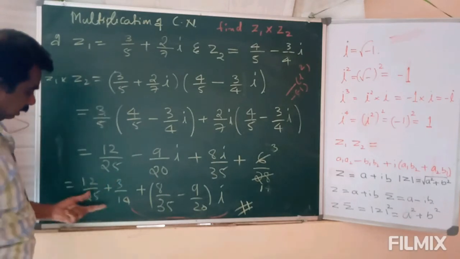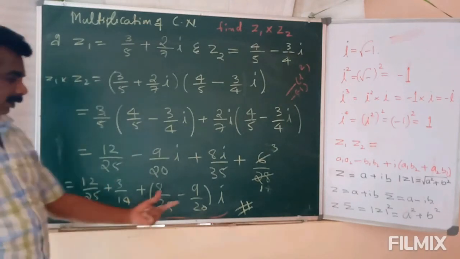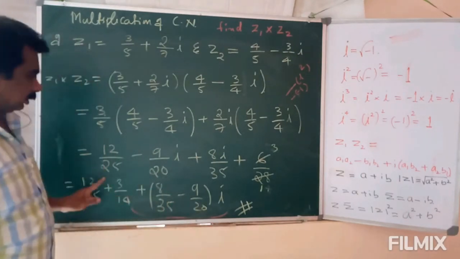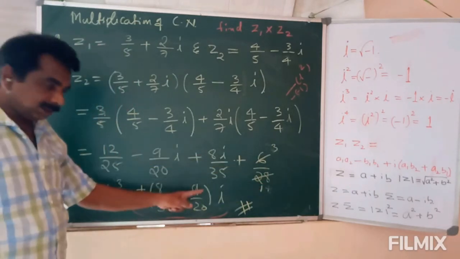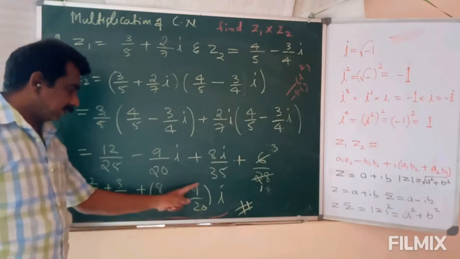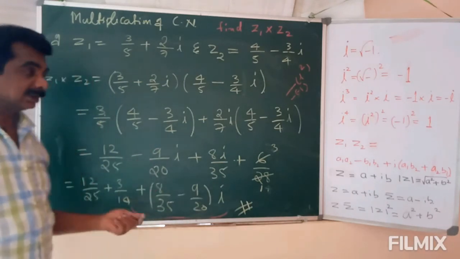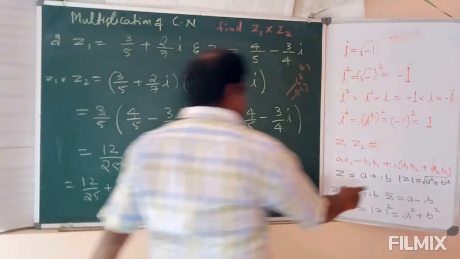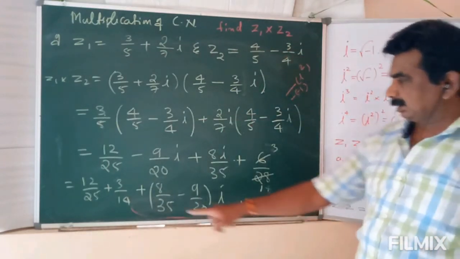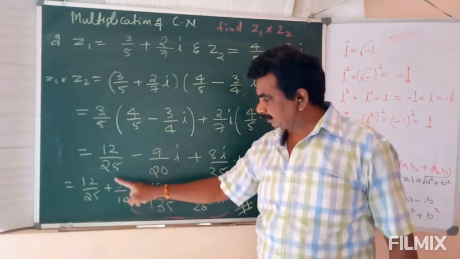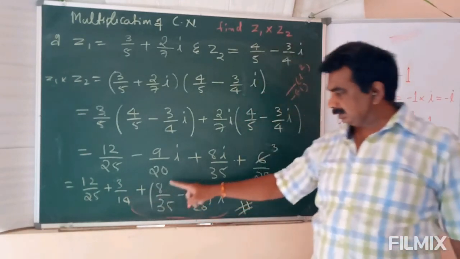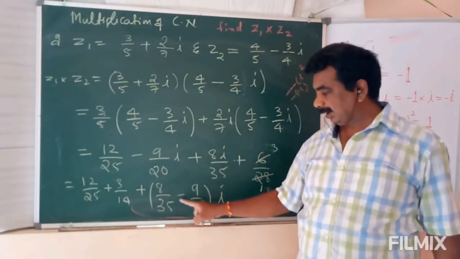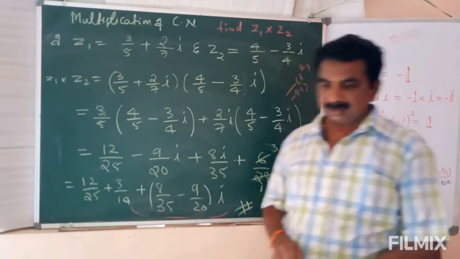Write it: real parts on one side, imaginary part on this side. 12 by 25 plus 3 by 14 plus 8 by 35 minus 9 by 20 into i. This is in the form of a plus ib, where a is 12 by 25 plus 3 by 14 and b is 8 by 35 minus 9 by 20.